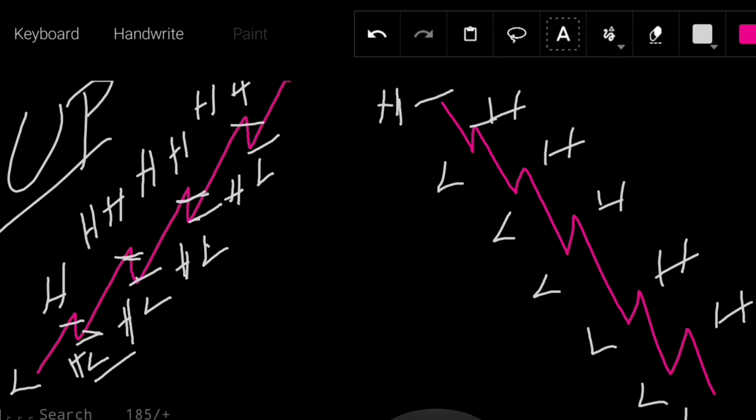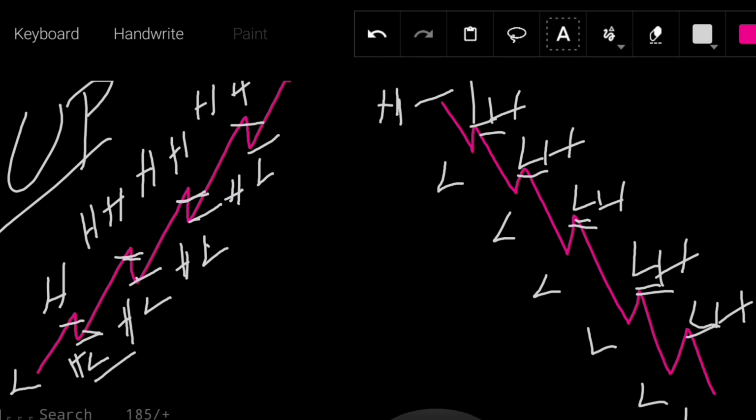Yes, so we'll put this as lower high. Is this high lower than this high? Yes, so this is lower high. This is lower than this one, so lower high. This is lower than this one, so lower high. This is lower than this one, so lower high. So that's how we get these lower highs.